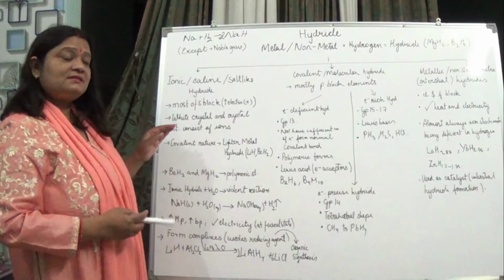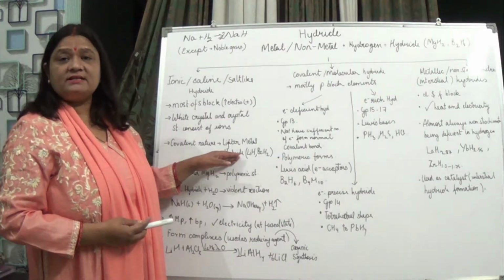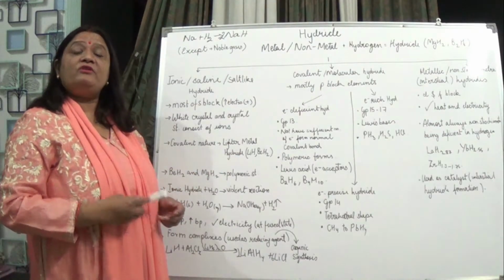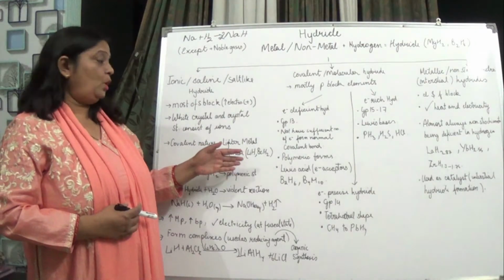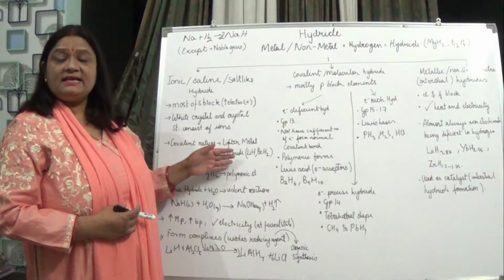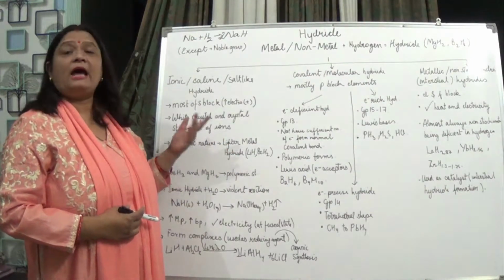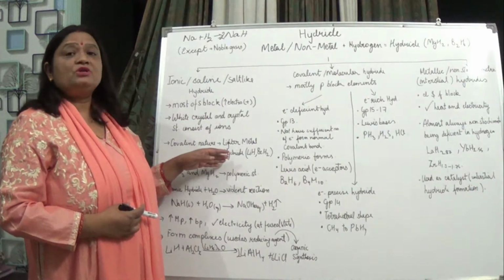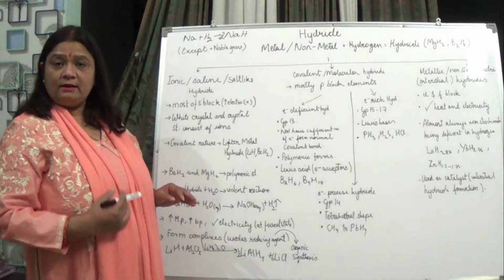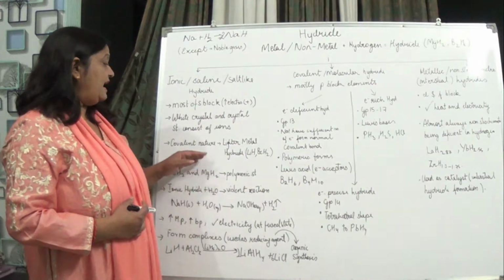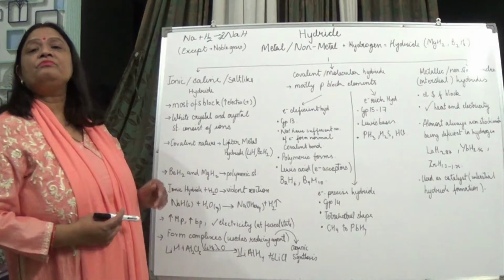Why do they show different characteristics? Because their atomic size is very small, their electronegativity values differ, and d orbitals are totally absent. All these things make them different from the other elements in the same group, and as a result, instead of forming ionic bonds, they form covalent bonds.